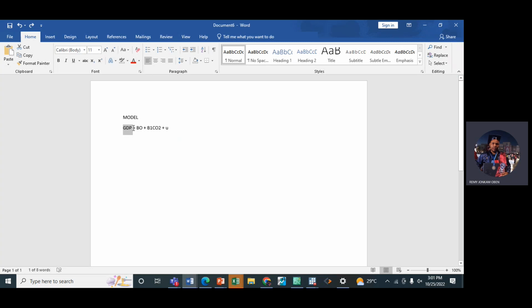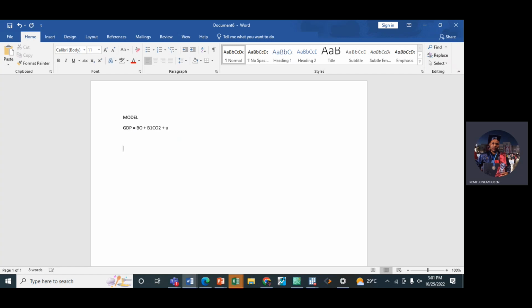Of course, there are many other factors which can affect GDP, but we don't want to include them in the model. So this U accounts for those other factors which can affect GDP, but which are not in the model. That's fine. By the way, for those who are taking thesis, or you take thesis next semester, this can give you an idea of the kind of things you can do for your thesis.